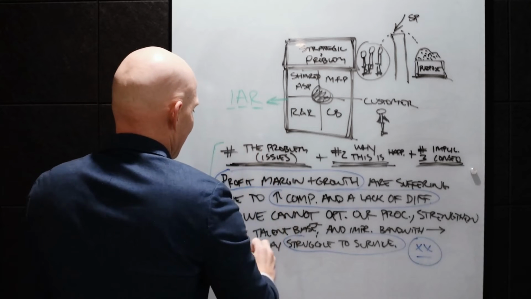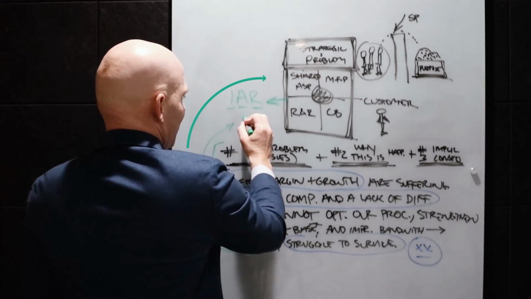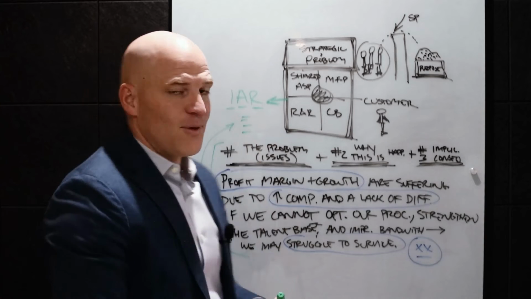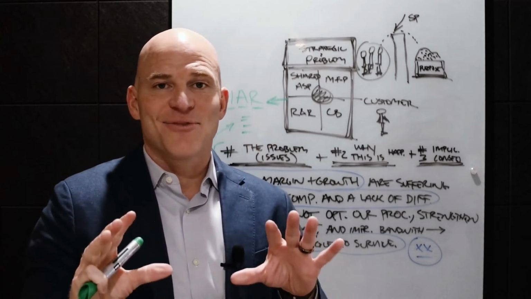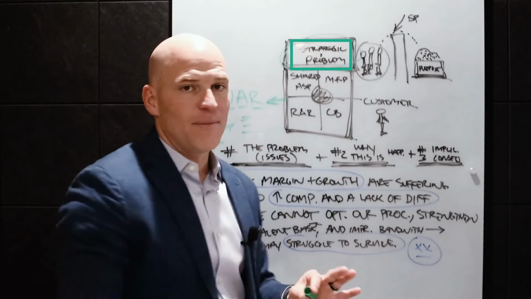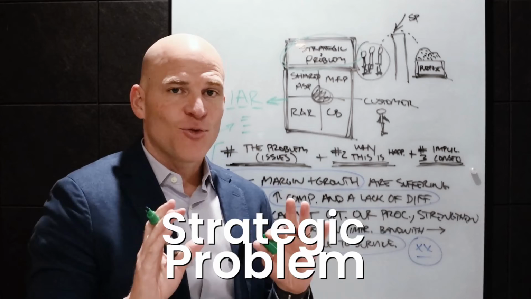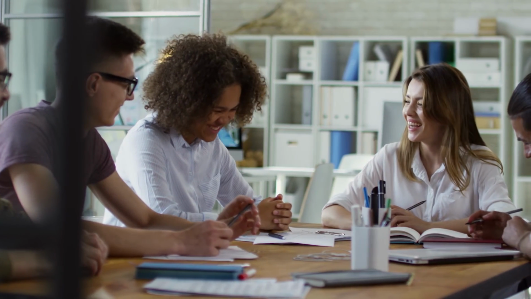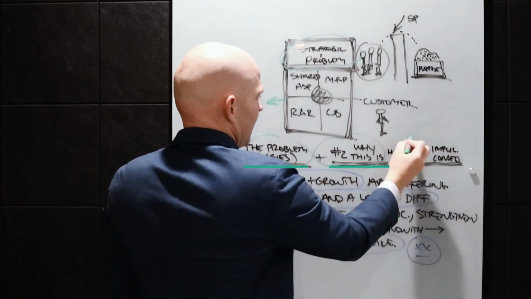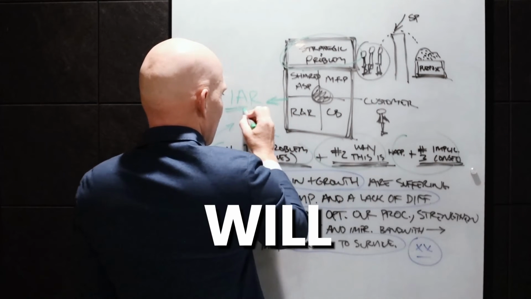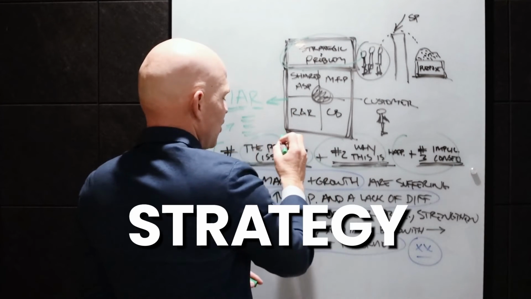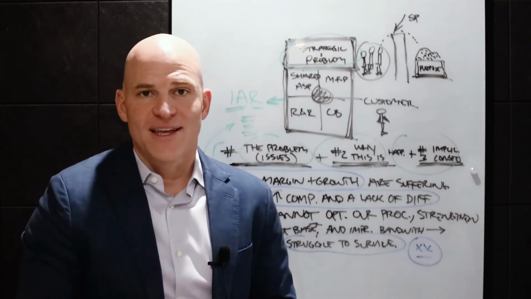This statement better be aligned with the initiatives that the company is pursuing. Otherwise, there's going to be this major disconnect. And that's why I love spending so much time up here on the strategic problem and getting this right. Because when you can nail this and you can clearly articulate what's going on here based on these 3 parts, then your initiatives will be aligned with your strategy and you'll be focused on the right things.